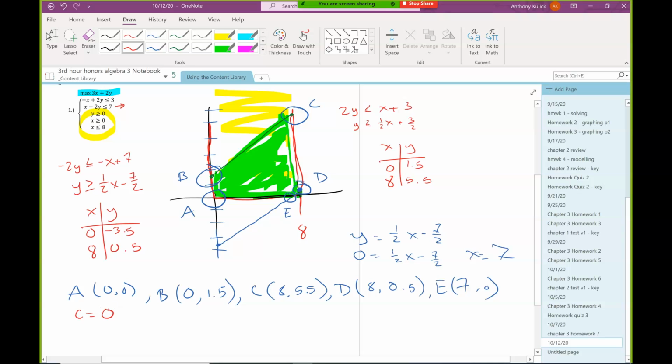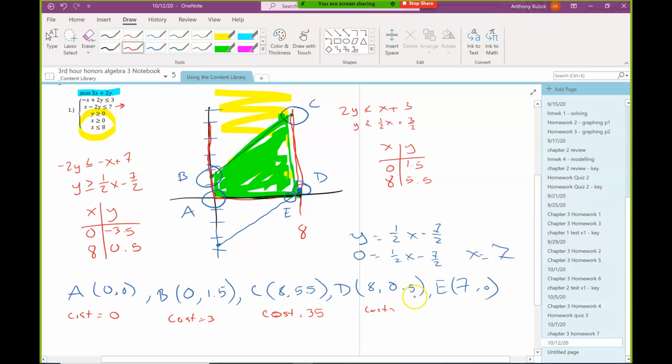So for A, the cost is 0. Maybe we should write out the word cost. We already used C. For B, the cost is 3. For C, the cost is 24 plus 11, so 35.